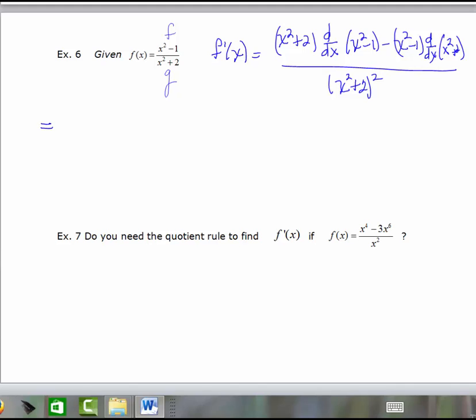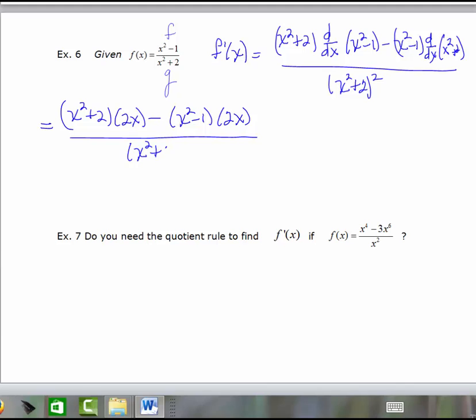So we'll do our derivatives out. I've got the x squared plus 2 times the derivative of x squared minus 1, which is 2x, minus the x squared minus 1 times the derivative of x squared plus 2, which is also 2x. I'm going to leave the x squared plus 2 in factored form, but I am going to simplify the numerator.